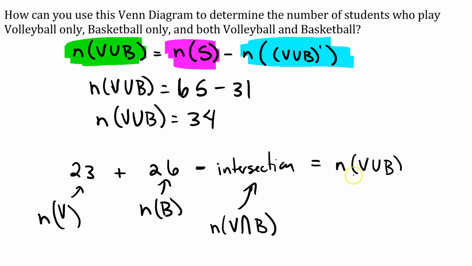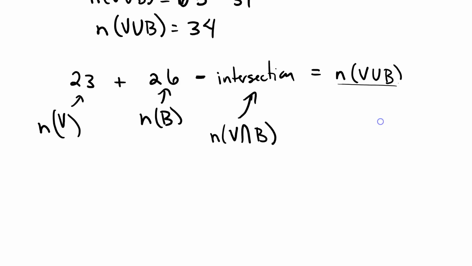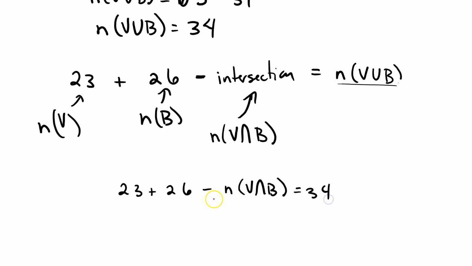But we know what this number is here, so let's substitute that in. So 23 plus 26 minus the intersection equals 34. So we can figure out, using our sweet algebra skills, how many are in the intersection there.